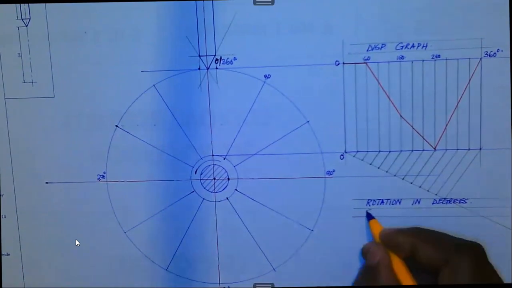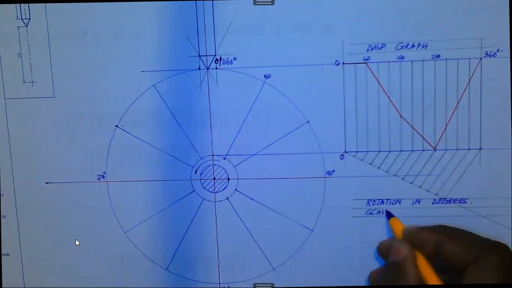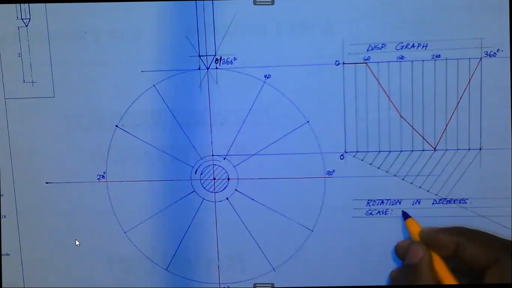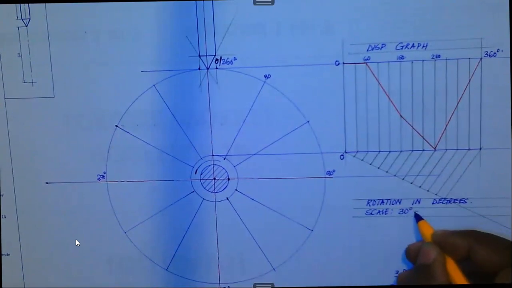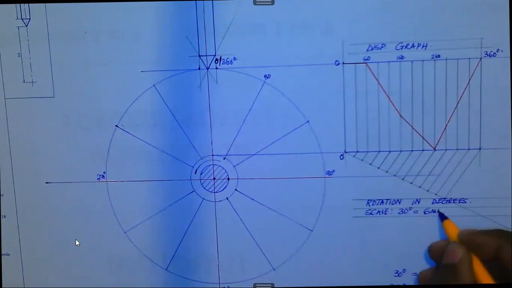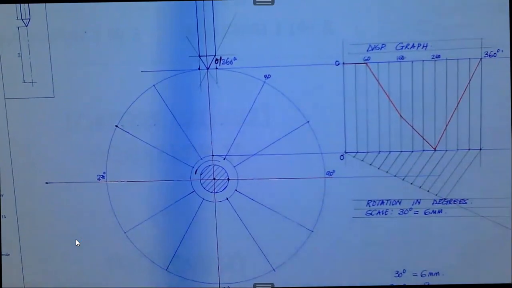Then you also indicate the scale, which is 30 degrees is equal to 6 millimeters. You copy the way it is given. Yes, you can simplify, but preferably just copy the way it is given.